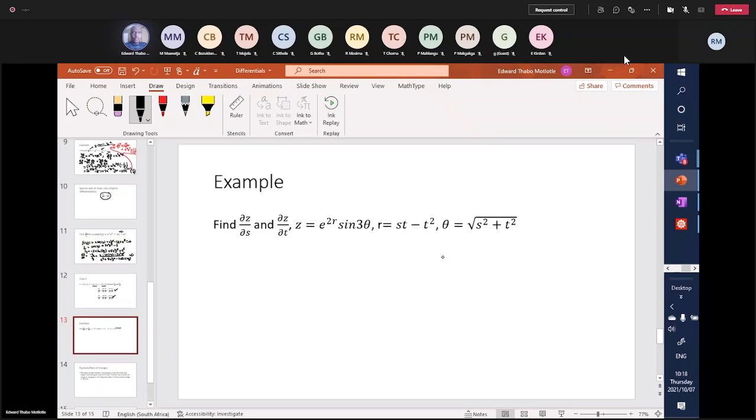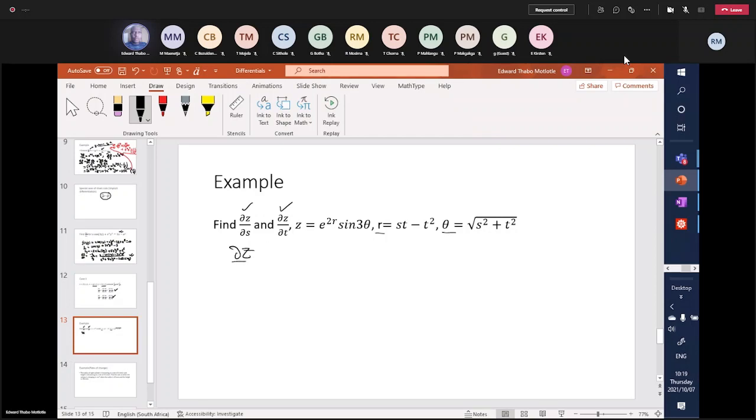Here is an example. They say find these two guys here, this one and that one. There is a situation where I've seen students first substitute r and theta in z, and then work the problem out, or you can do it the way we do it here.